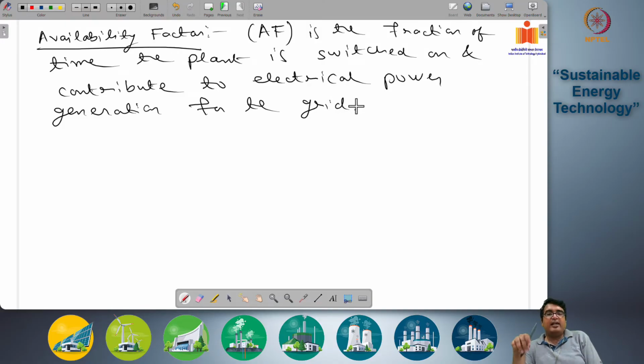So availability factor is the fraction of time over a given year that the plant is switched on and contributes electrical power to the grid.